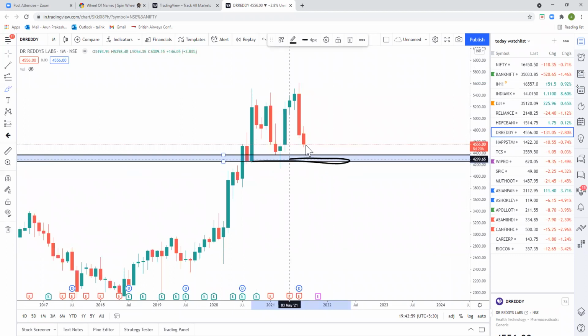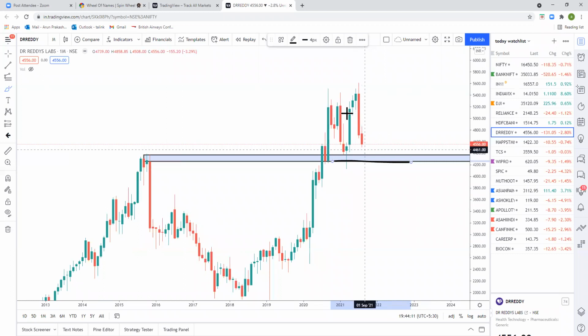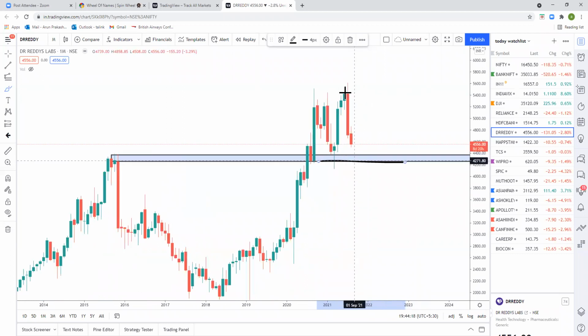This is a monthly view, so I can only give you this range. As long as it is holding that level, it can bounce back. But if you ask me if it would go to 5,500 immediately, then I would say no.